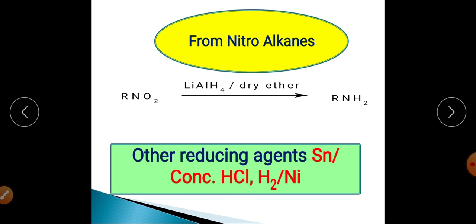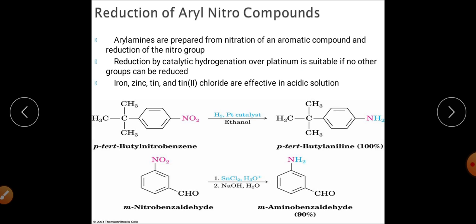We can also use nickel catalyst, platinum as catalyst, or iron in presence of concentrated HCl, right? So these are the different types of reducing agents which reduce this NO2 group attached with the R group into NH2. So this is a method by which we can prepare amines, that is reduction of nitroalkanes.